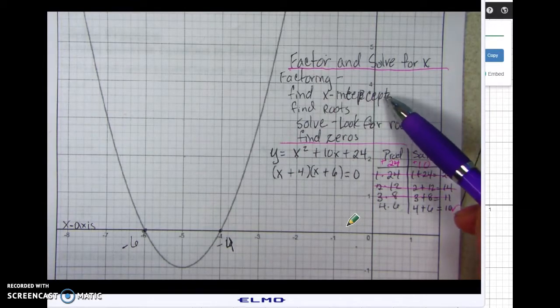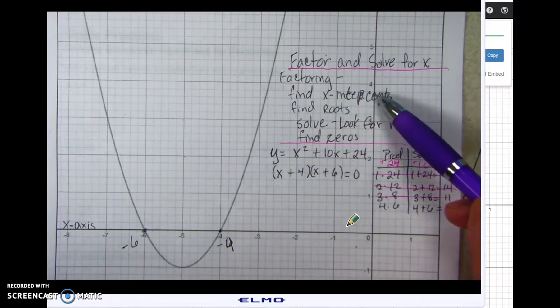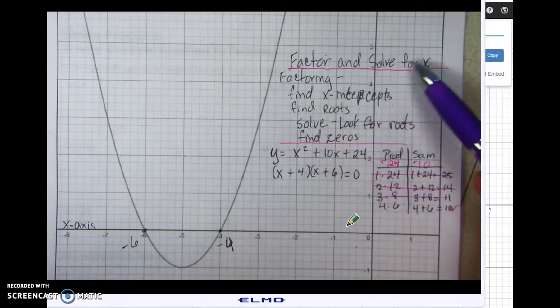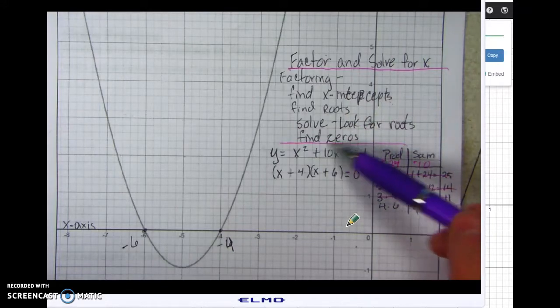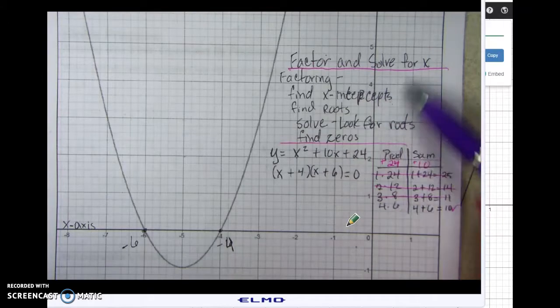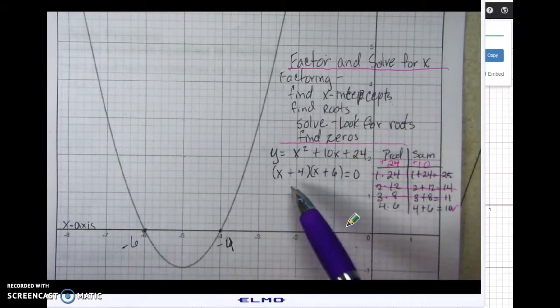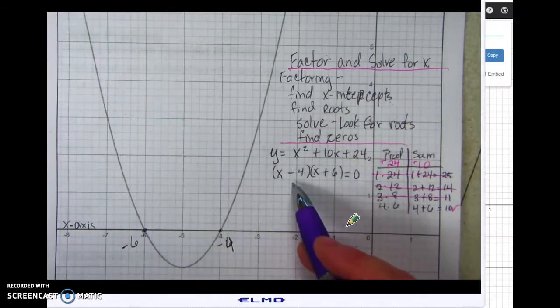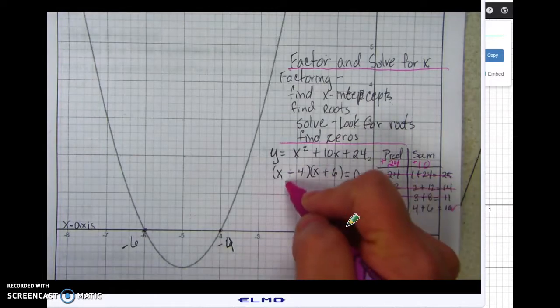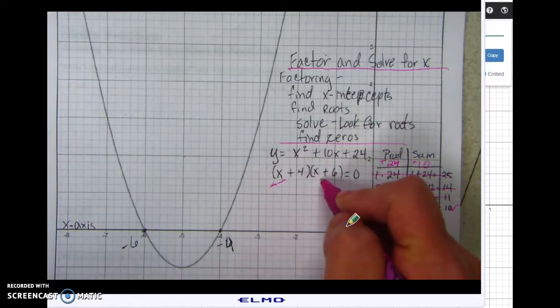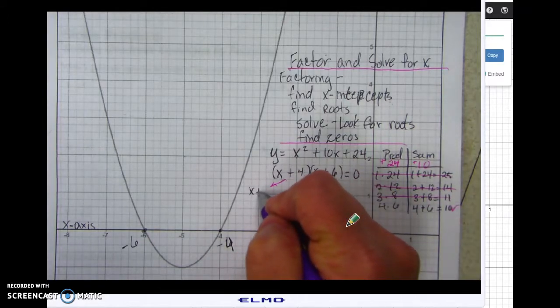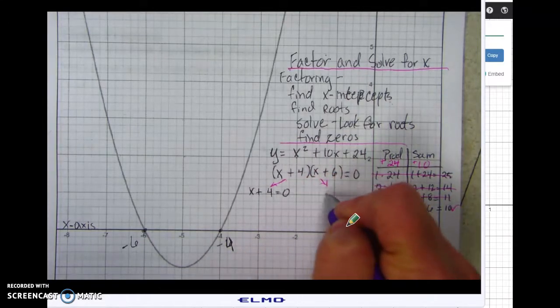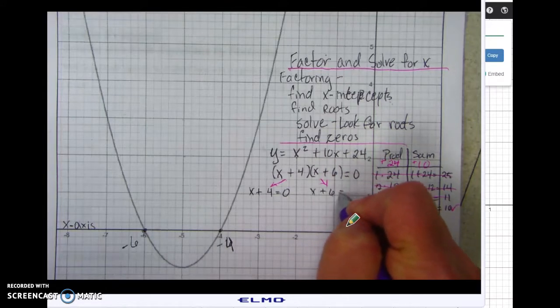You may be taking a state test and it says, look for the roots, factor and find the roots, or factor and find the zeros. All mean the same thing. I'm going to factor, then I'm going to take this apart. Bring this one over here, this one over here. x plus 4 equals 0, x plus 6 equals 0.